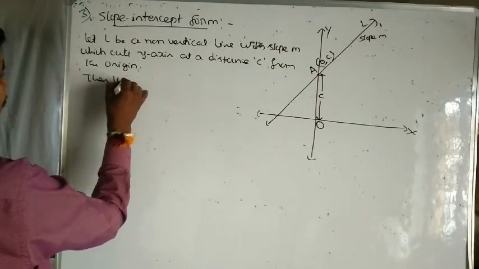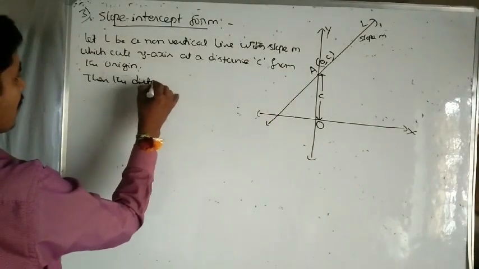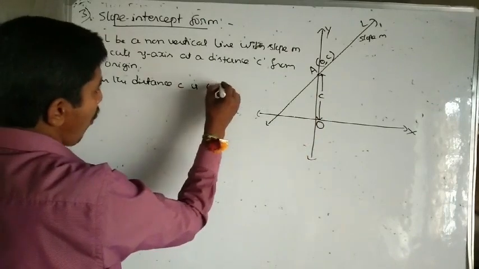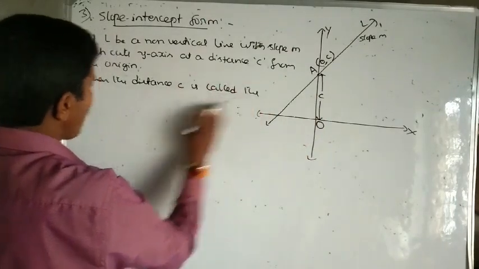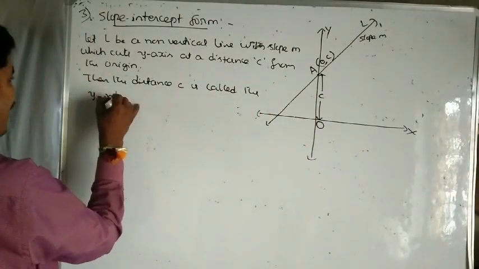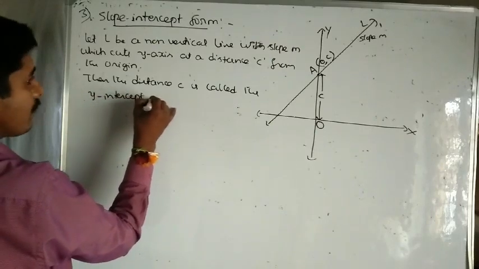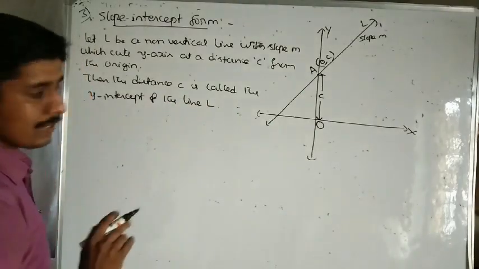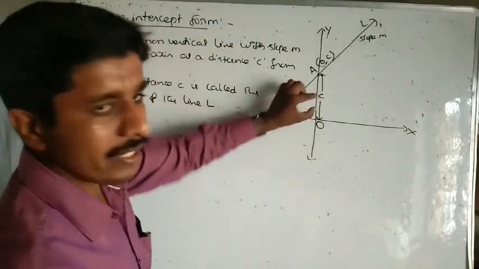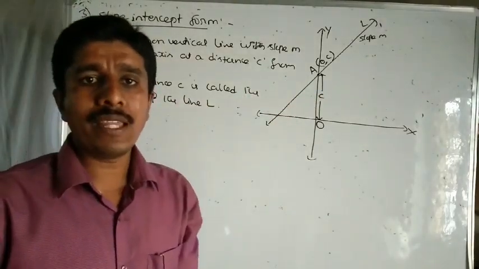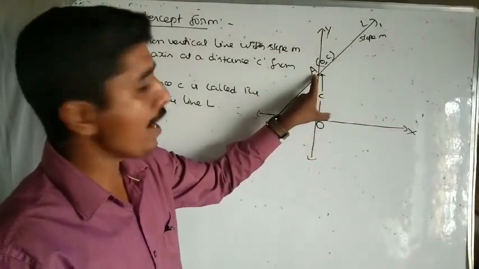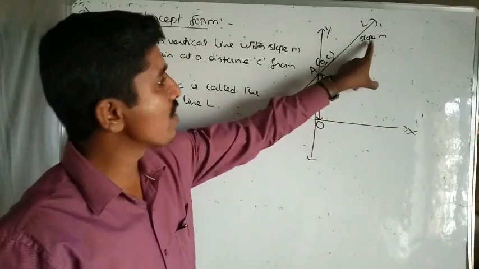Then the distance c, small c, is called the y-intercept of the line L. Clearly, this line passes through point A, the point (0, c), and has slope m.